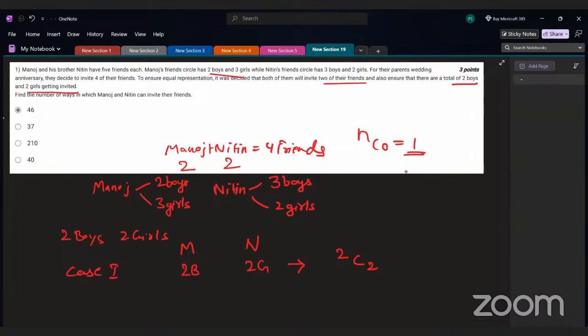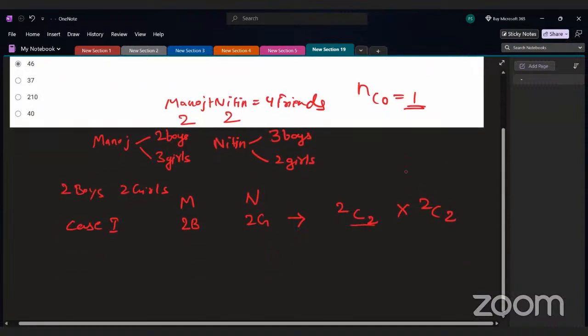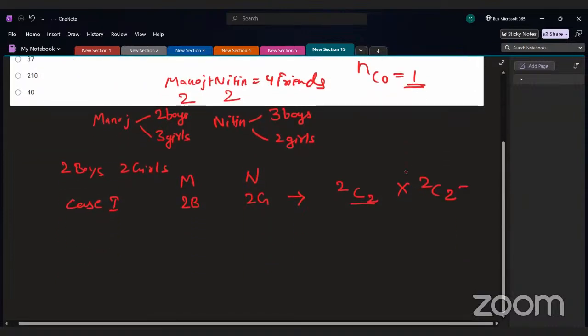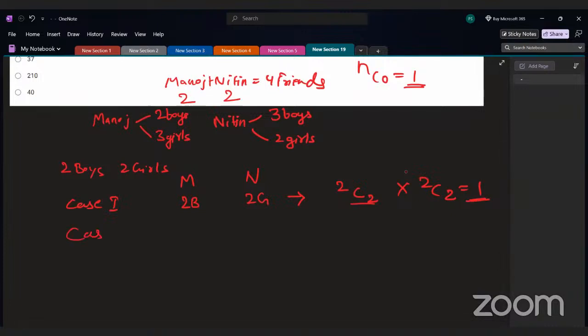Nitin has two girls and he has to invite two girls, 2C2. Similarly, Manoj has two boys and he has to invite two boys. In this many ways, equal to 1, we can invite for case one.